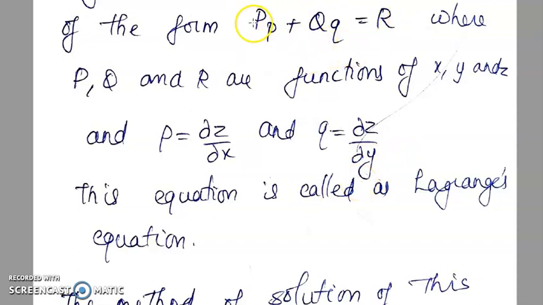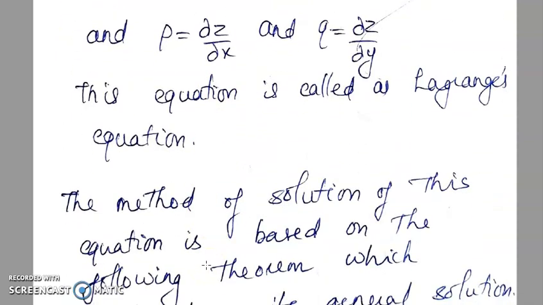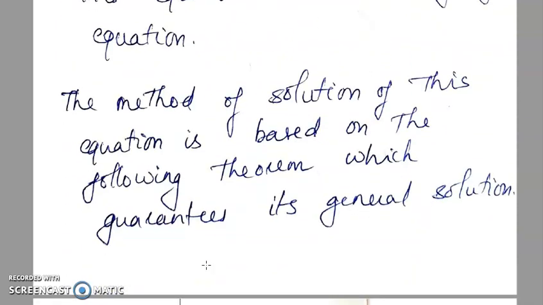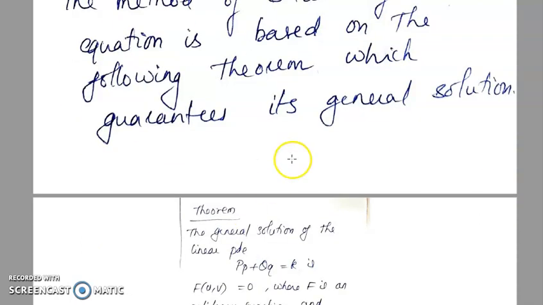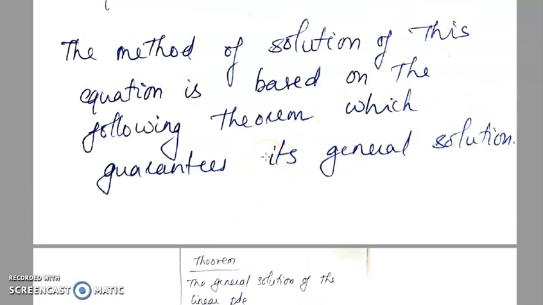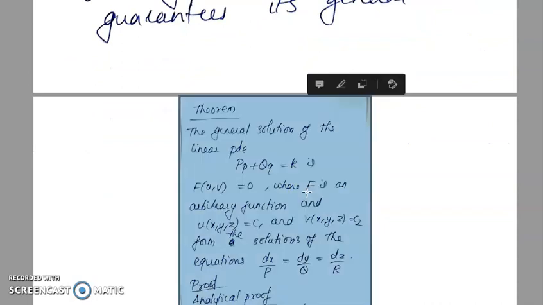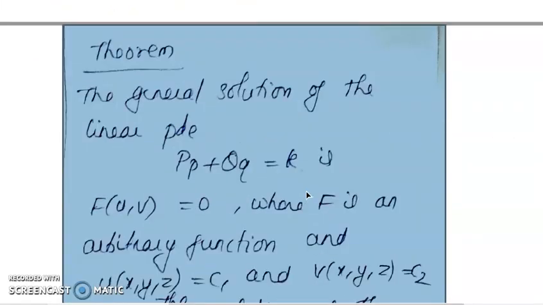The equation of the form Pp plus Qq equal to R is called Lagrange's equation, or Lagrange's linear PDE. We'll discuss how to find a general solution of this equation, that is, a solution of the form f of u, v equal to 0, where f is an arbitrary function. We'll see a theorem which tells us what the general solution is.